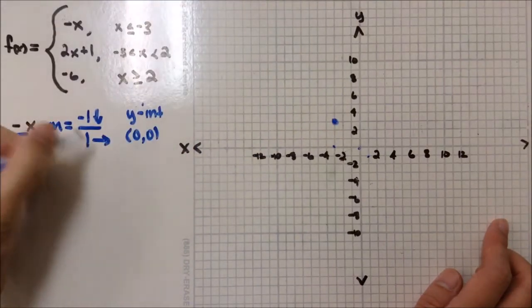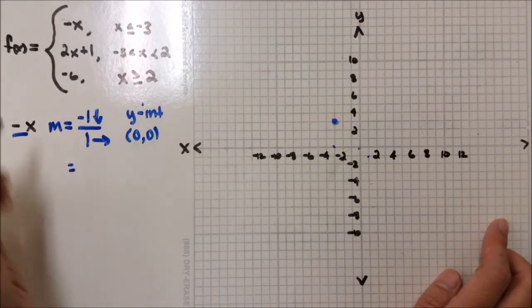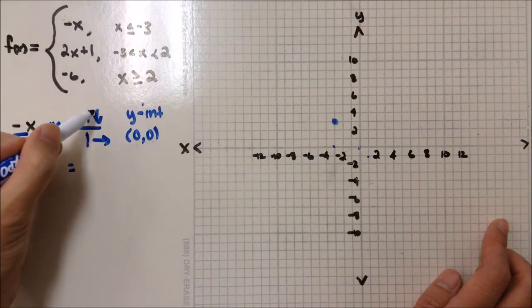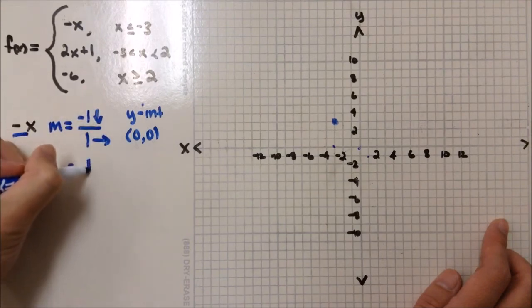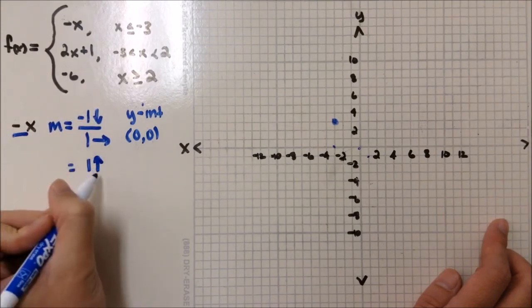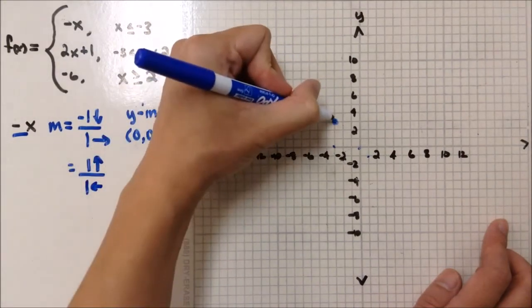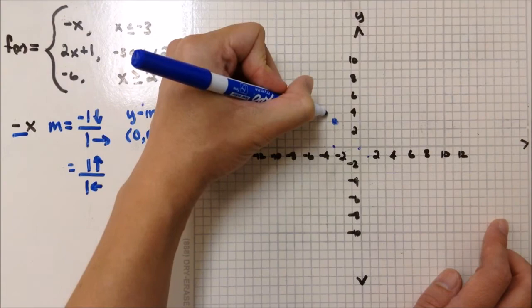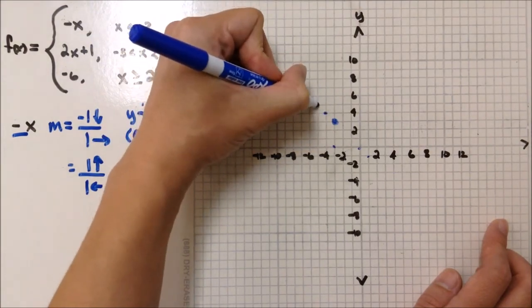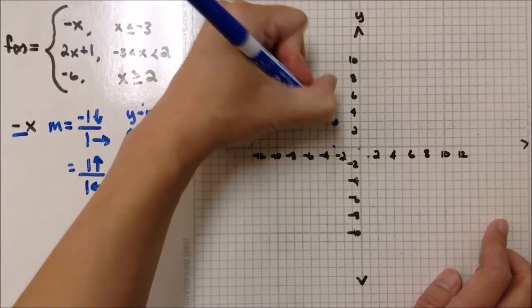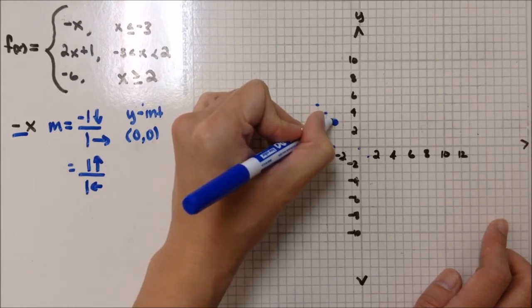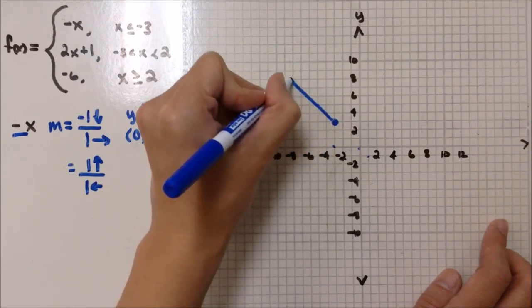Now if I'm graphing backwards, I can change the directions here. If it's down, it's going to go 1 up. If it's to the right, then it's going to be 1 left. So up 1, left 1. Up 1, left 1. Alright. I got a couple points, so I'm going to graph like this.